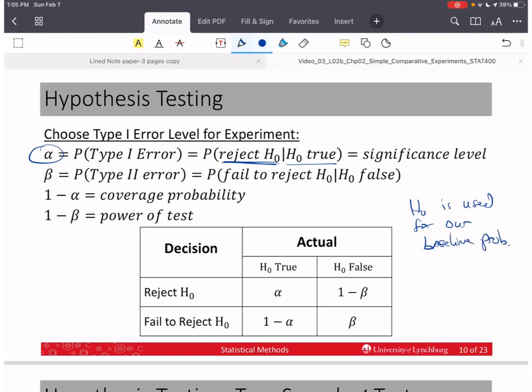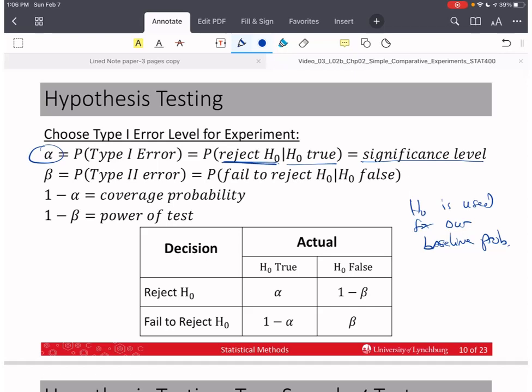Our probabilities are based off H naught being true, and then we check how likely it is that the sample we have occurred under H naught being true. This is called our significance level. It's a type 1 error: the probability that we reject H naught when we should not, so it's saying that H1 is true when it's really not.